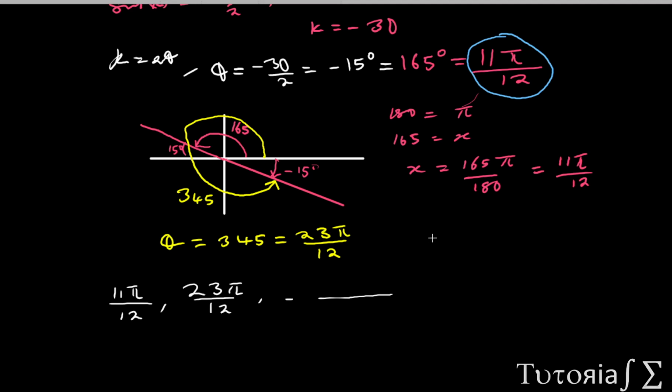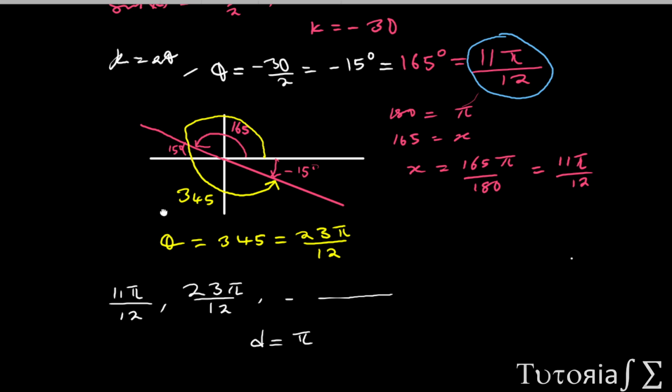When you say 23 pi over 12 minus 11 pi over 12, the difference will be pi. So this will form an arithmetic sequence because when we continue rounding between these points, we'll continue having an arithmetic sequence. So the common difference d will be equals to pi.